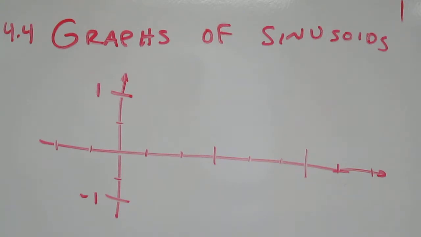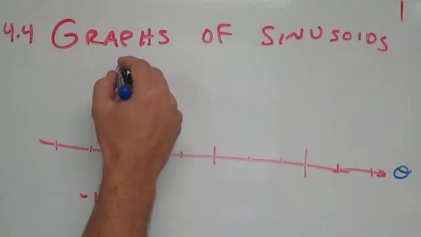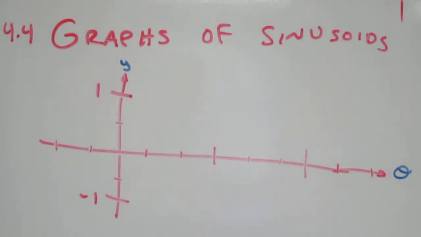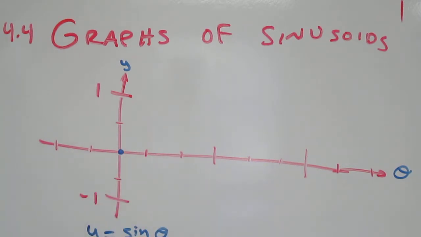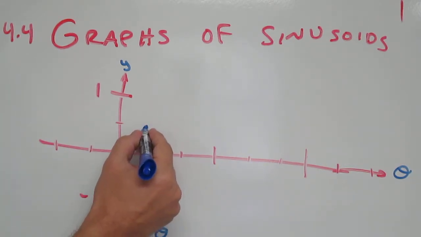But when we look at things where my angle and my value of y are changing as I go from left to right, I could think of something like y equals the sine of theta, again on this rectangular coordinate system. If I take the sine of 0, I get 0. The sine of 30, I get 1/2.